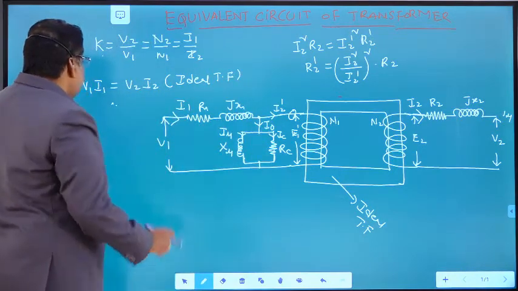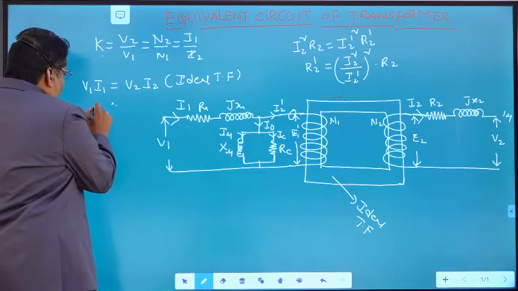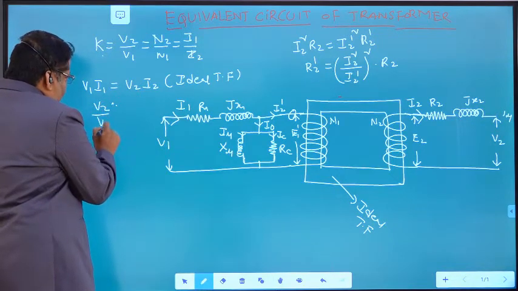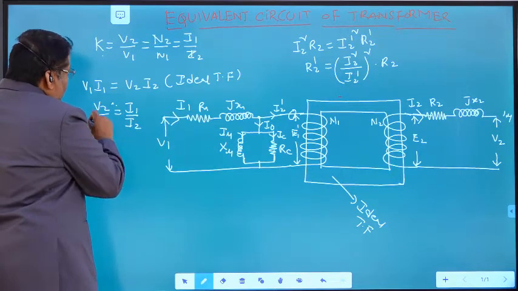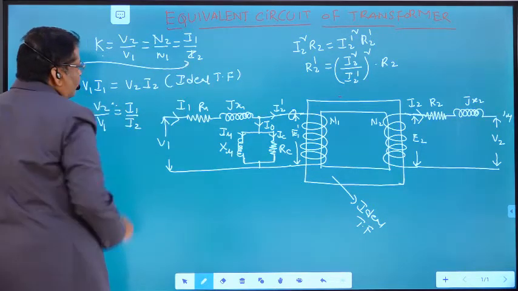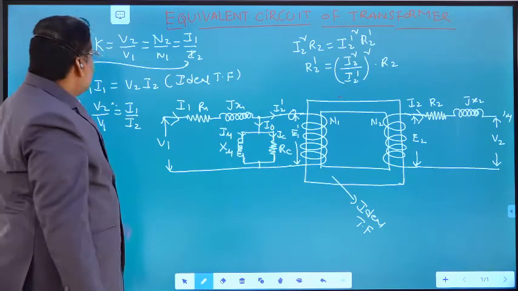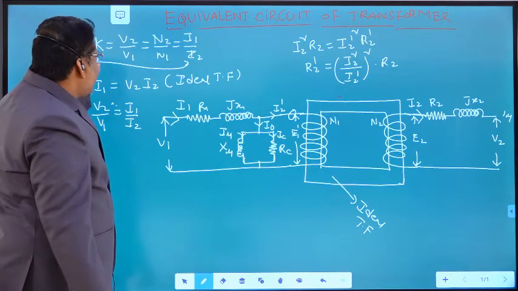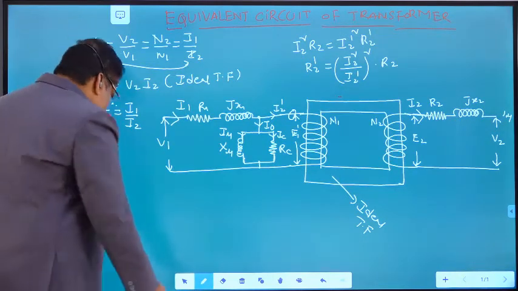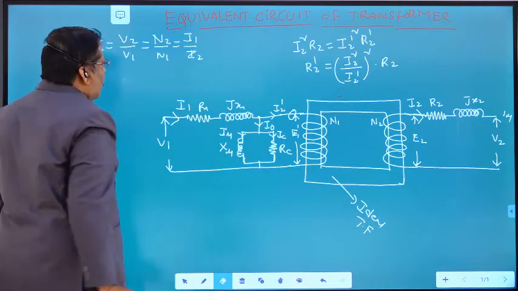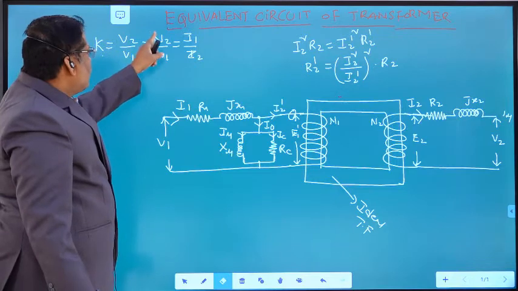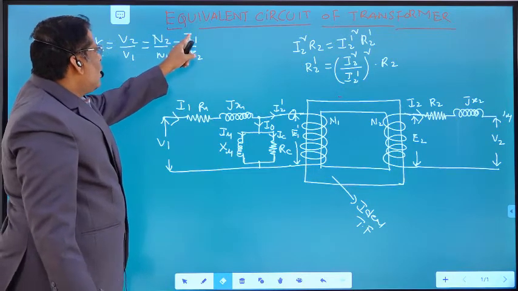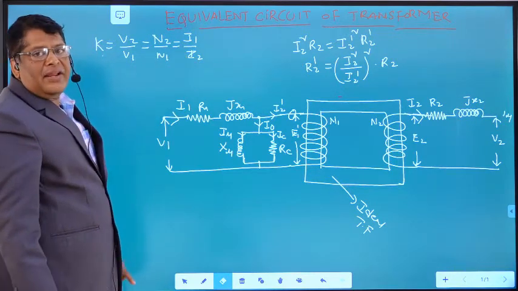Now if you find the ratio, V2 by V1 equals I1 by I2. So the transformer ratio K equals V2 by V1, equals N2 by N1, equals I1 by I2.